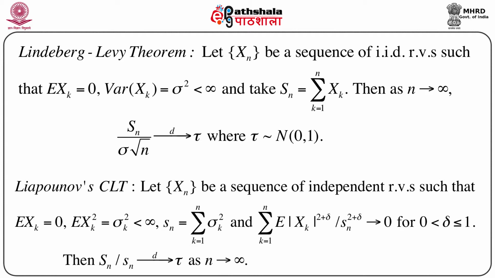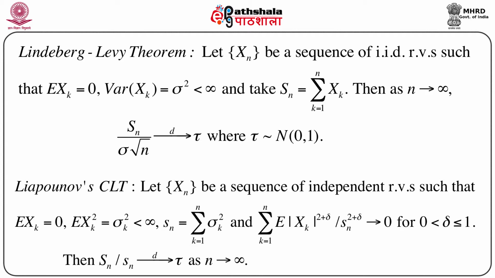We assume another condition, known as Lyapunov's condition: summation k equals 1 to n of expectation of modulus of Xk to the power 2 plus delta, divided by sn to the power 2 plus delta, goes to 0, for delta with 0 less than delta less than or equal to 1.